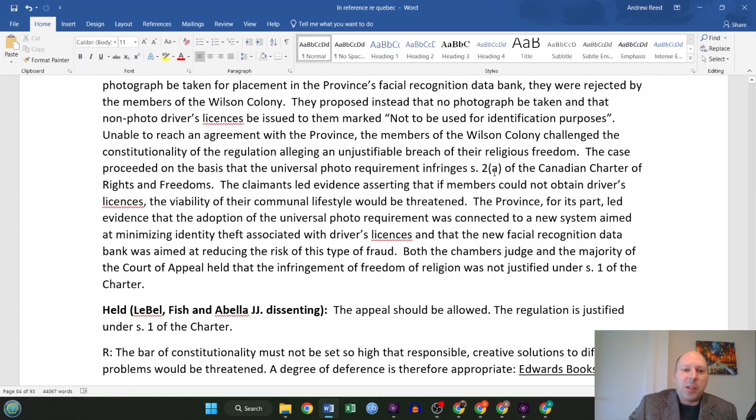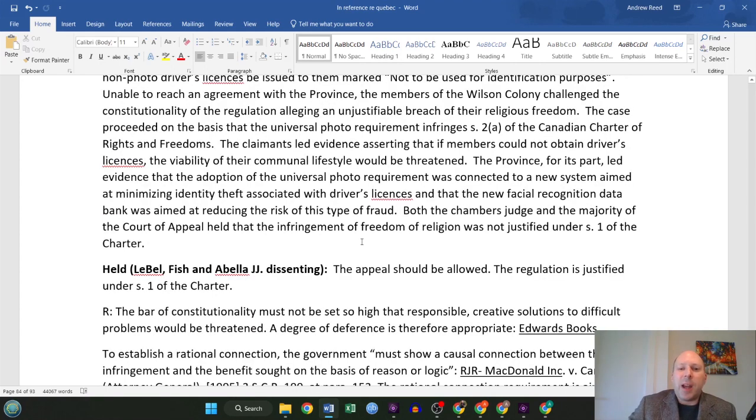They were unable to reach an agreement with Alberta, so the members of the colony challenged the constitutionality of the regulation, alleging an unjustifiable breach of religious freedom. The case proceeded on the basis that the universal photo requirement infringes Section 2(a) of the Canadian Charter of Rights and Freedoms, and the claimants had evidence saying that if their members couldn't get driver's licenses, their communal lifestyle would be threatened.